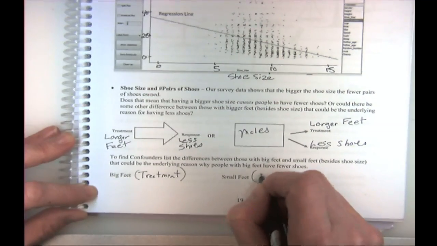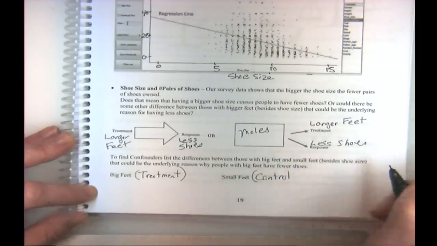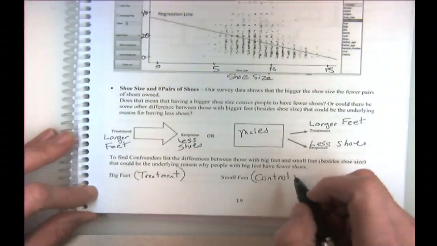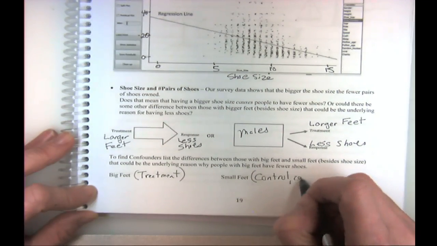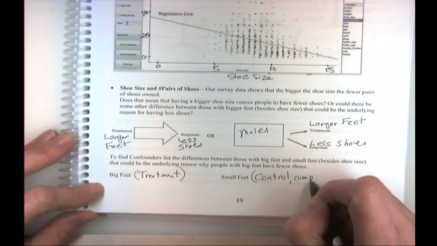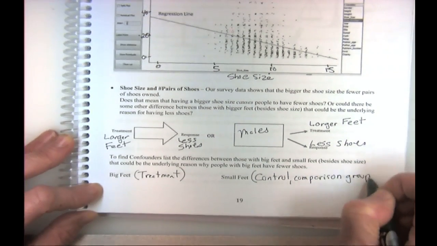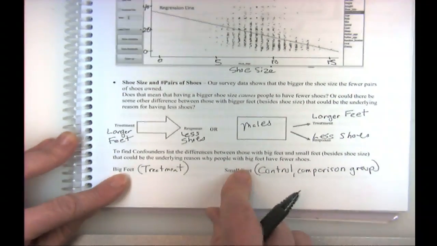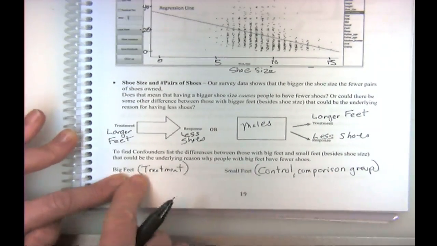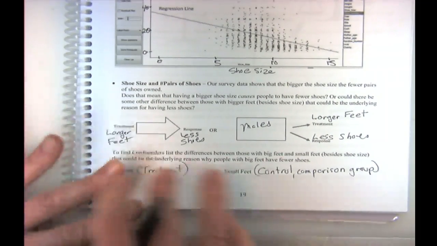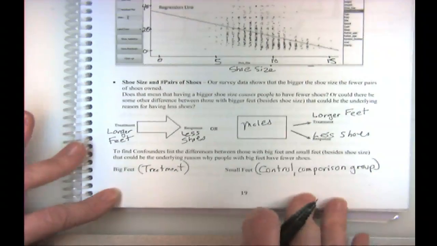And this is the control group, which just means a comparison group. And obviously, we can't turn this into a randomized experiment. We can't randomly assign people to have either bigger or smaller feet. So this has to be an observational study.